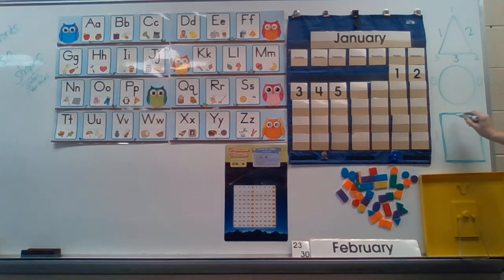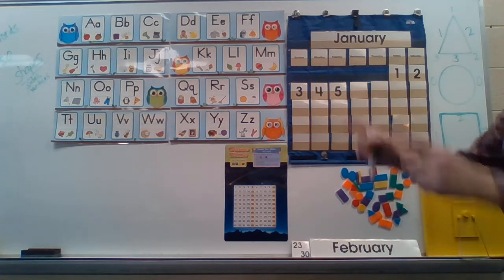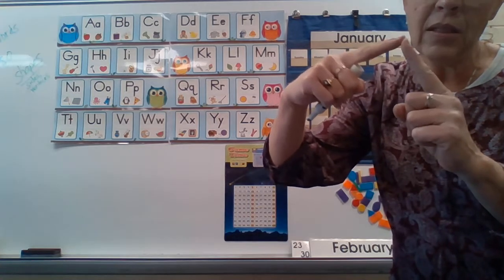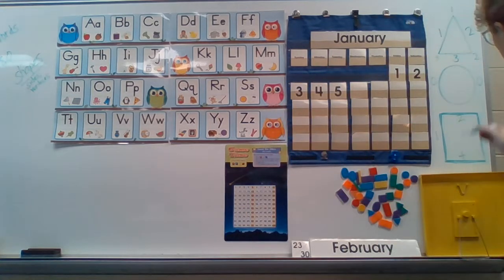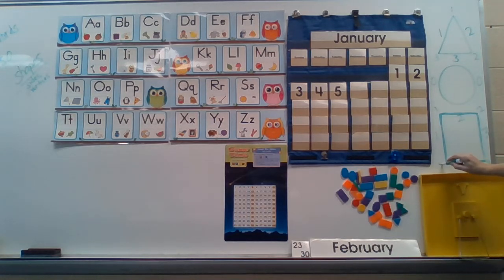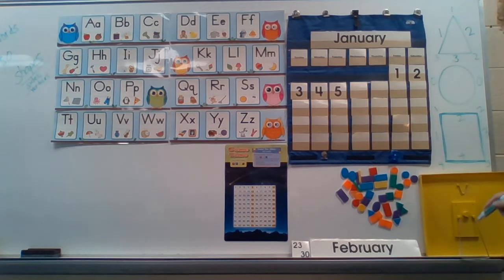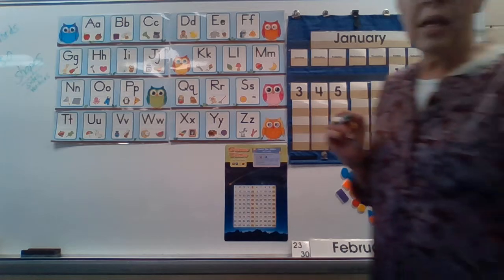There's 1, 2, 3, 4. Definitely 4 sides. Now we want to find all the vertices, all the places those straight lines meet. Okay. So I'm going to count those. 1, 2, 3, 4. 4 sides, 4 vertices. All right. Good job.